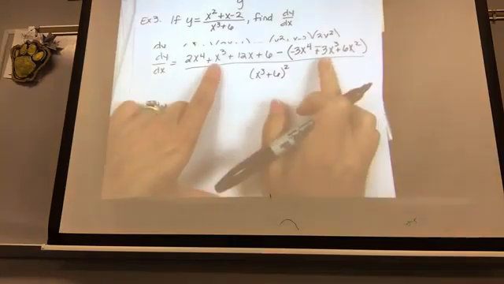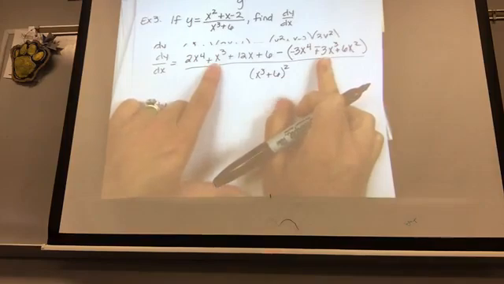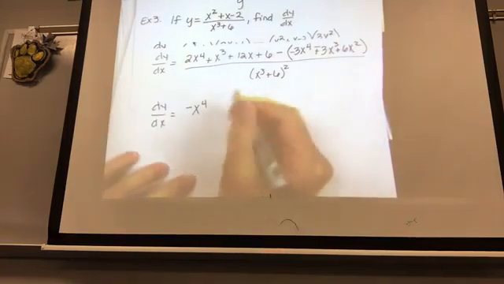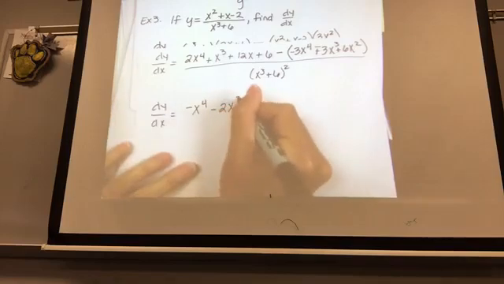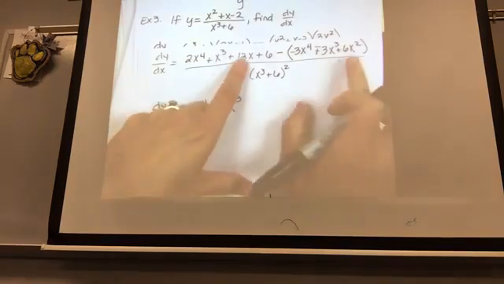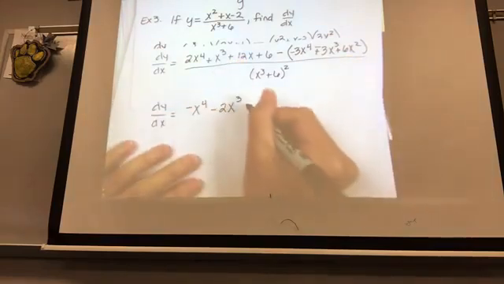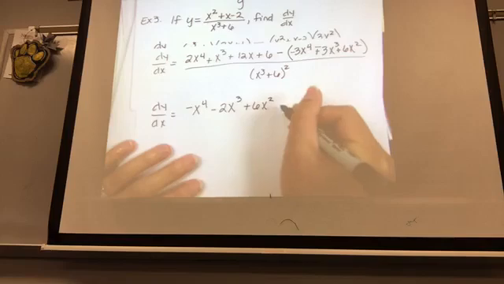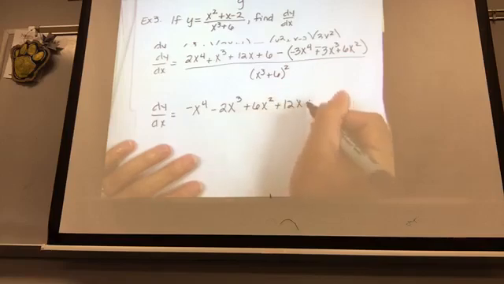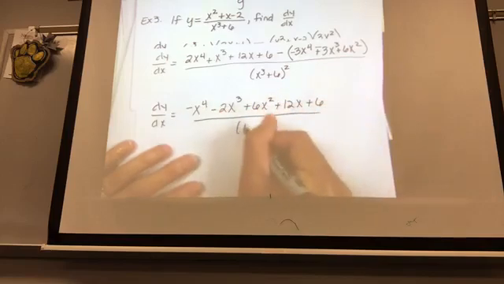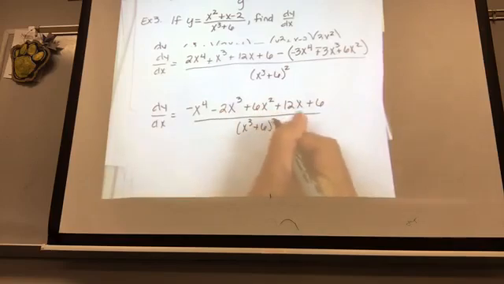X cubed minus 3x cubed will be negative 2x cubed. Then I have 6x squared, positive 1, positive 12x, and positive 6, all over x cubed plus 6 squared.